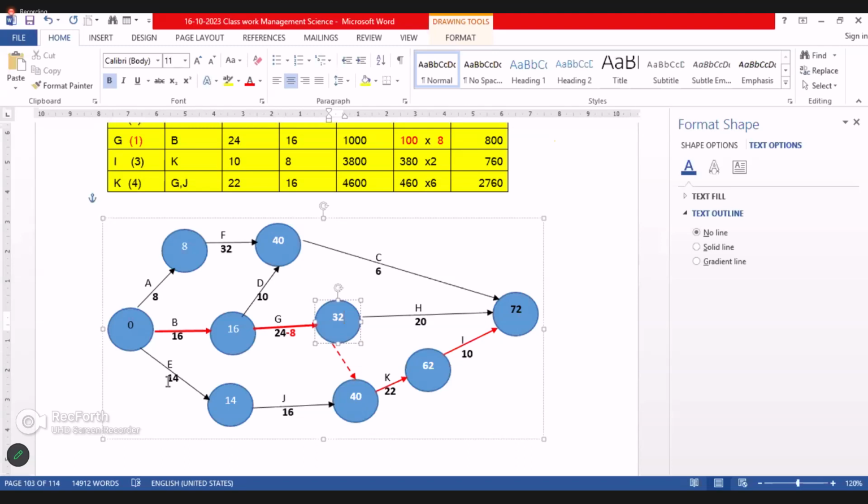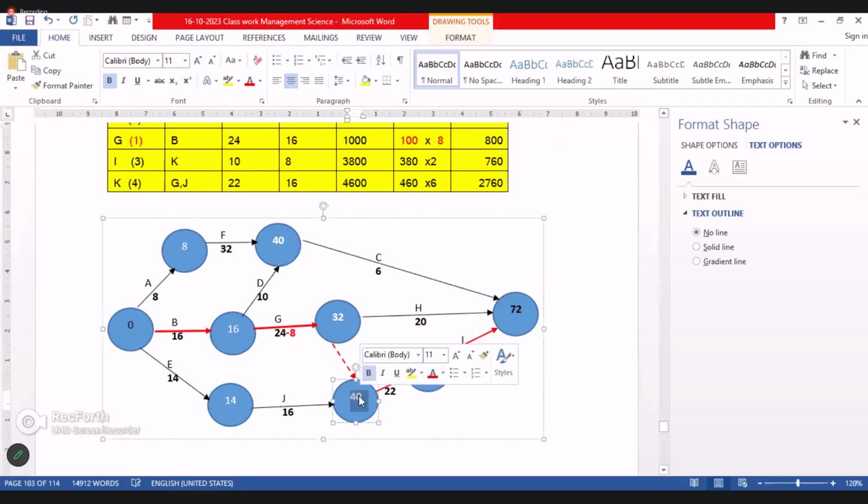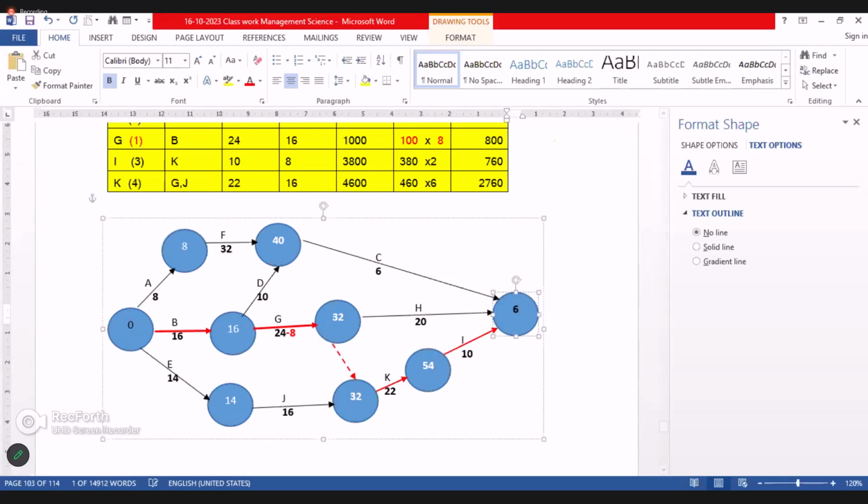Here 32 plus 22, 54, plus 10, 64. We can do that reduction, no problem, because on this side also 40 plus 6 is 46, no issue. So G we can reduce by 8.